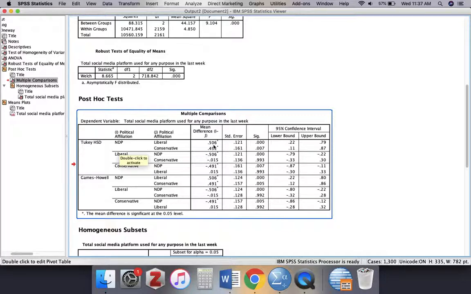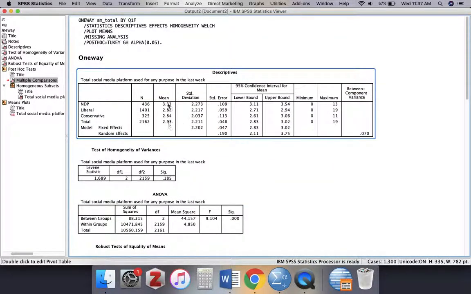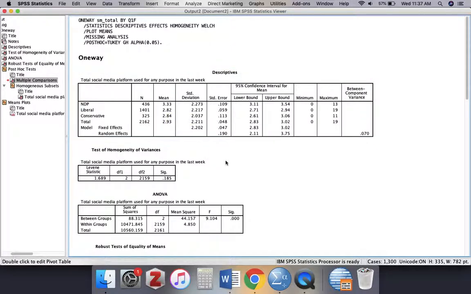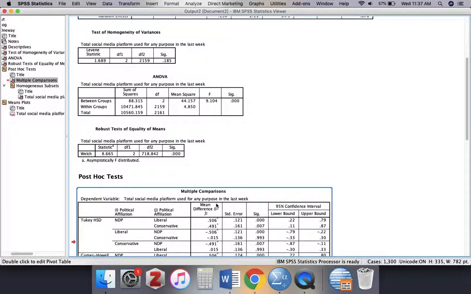Which means that the NDP mean is actually higher than the liberal mean. And we can actually see that here. The NDP mean is higher than the liberal mean, and if we minus them from each other, we will get this numeric number, okay? So that just gives you quick information instead of having to do the subtraction yourself.